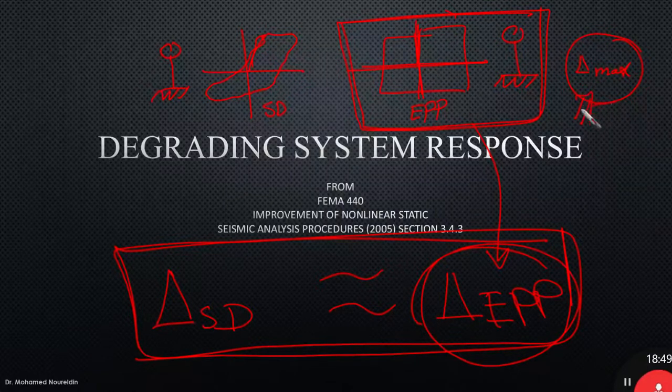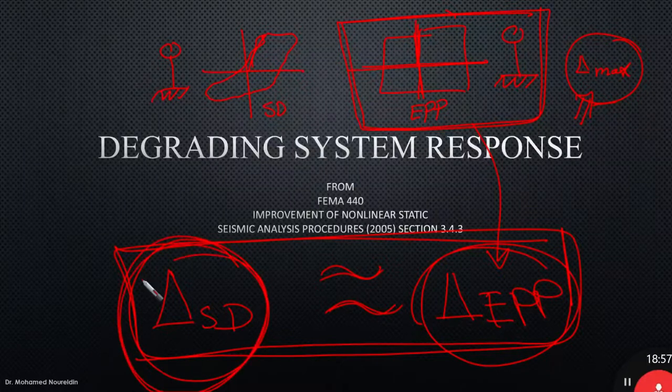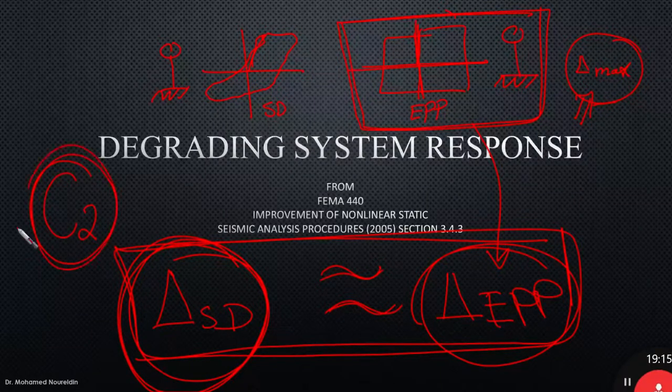And the maximum response, on average, I am talking about average here, is going to be equal to the maximum response obtained from a single degree of freedom system modeled with stiffness degradation hysteretic rules. And this is what FEMA takes into consideration by putting C2 in the displacement coefficient method, to take into consideration the pinched, stiffness degradation or strength deterioration of the model.